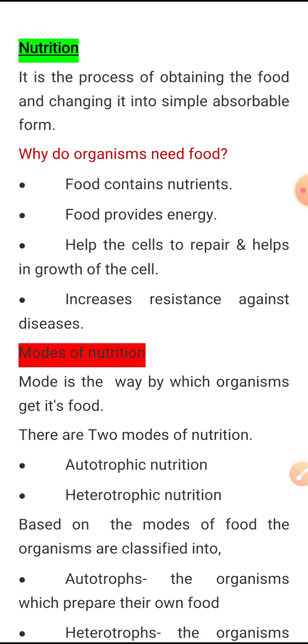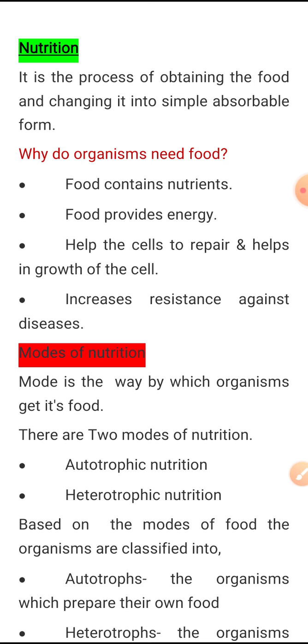Means if the food is very large, if the food is not in a simpler form, then the cells of our body cannot take the complex food to produce energy. Then how does this complex food become simpler for the cells? So we are going to discuss all these things under nutrition.